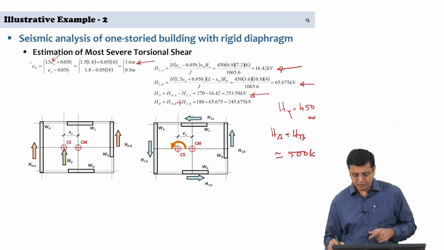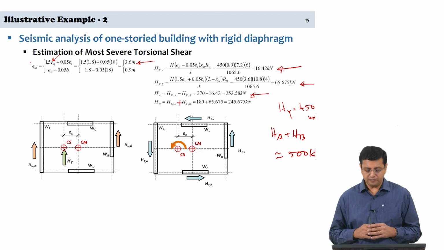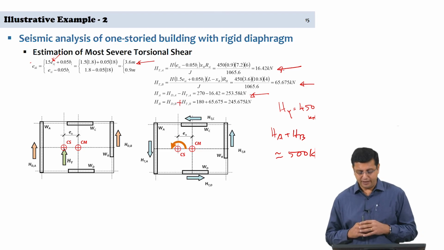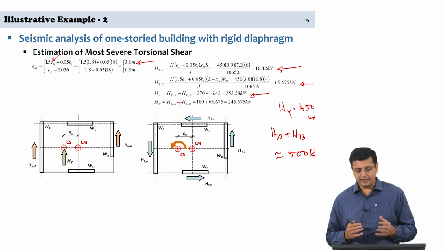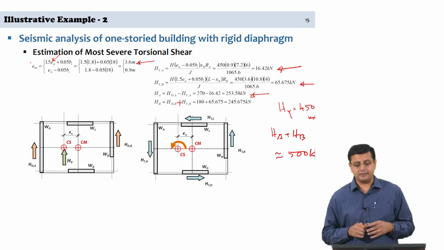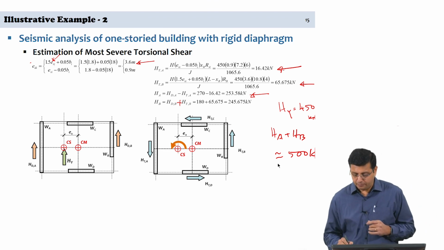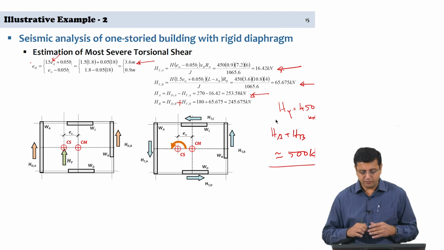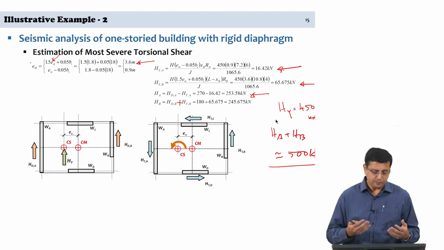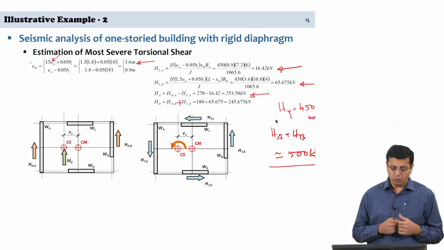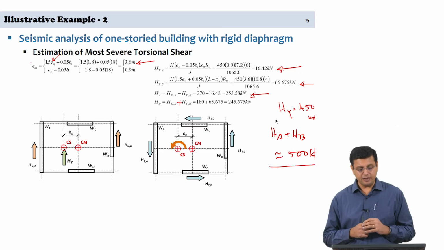So the extra 50 kilonewtons is because of the additional effects of the eccentricity and the accidental eccentricity, which is also built in from the design perspective. So, with that we have the design forces for wall A and wall B, and you can go ahead and design it as a reinforced shear wall, with the standard design approach to be followed there.